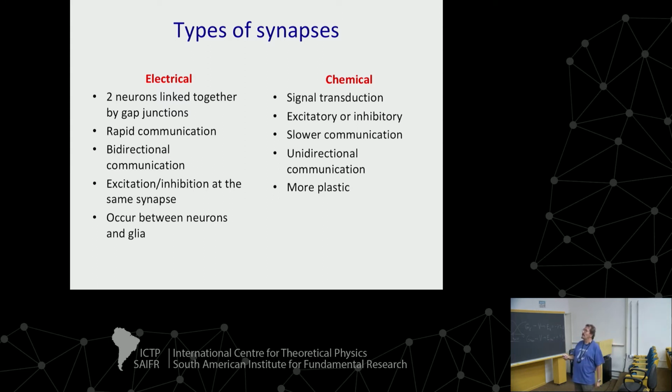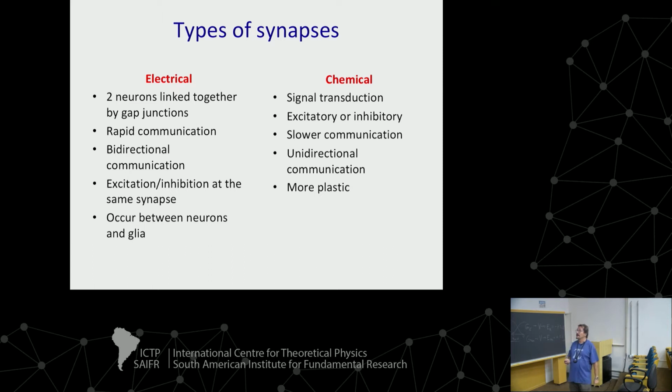So it's bidirectional, not only one way, but both ways. It can be either excitatory or inhibitory at the same synapse, because it depends on what flows from one cell to the other. It also occurs between neurons and glia. So if you want to model coupling between neurons and glia, you have to use gap junctions.